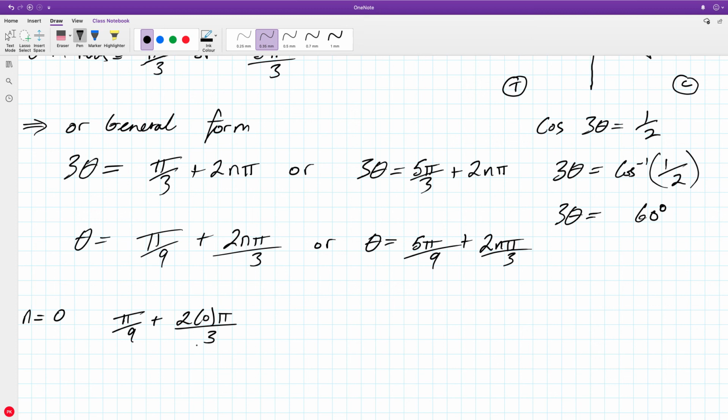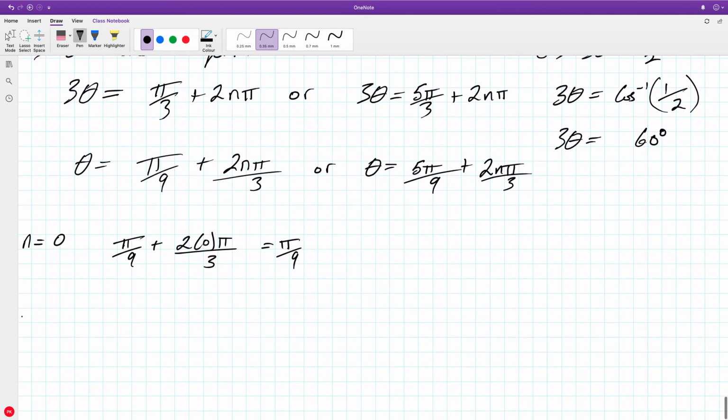Now, very important, don't delete this after you get the answer, because you're just going to change the 0 to 1, the 0 to 2, and then the 0 to 3. It makes life a lot easier. So that's equal to pi over 9. Leave n equal to 1. Pi over 9 plus 2 times 1 times pi over 3 is, just go back up and change the 0 to 1, 7 pi over 9.